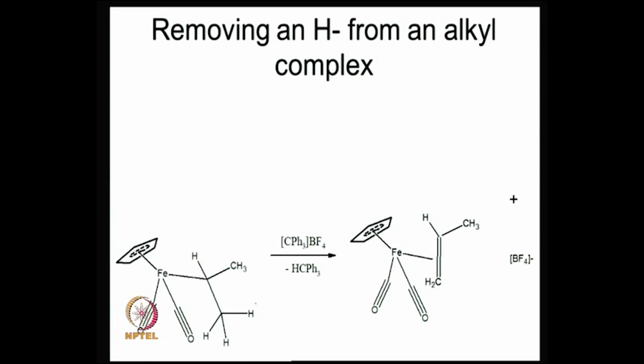If it abstracts a hydride from an alkyl complex, which we have already learnt about, then one ends up with the ethylene complex. In this particular case, it is a propene complex which is formed, and this propene complex is quite conveniently isolated using this method. So, alkyl complexes can be converted to olefin complexes in a few instances by the use of this trityl cation.